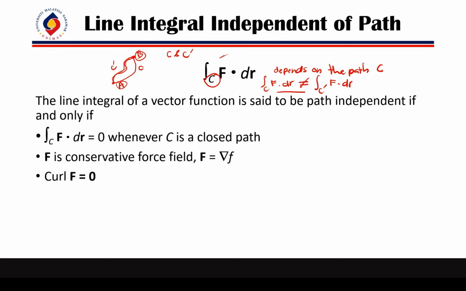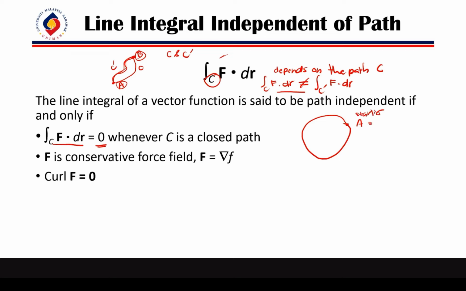Okay, when is the line integral independent of the path? The line integral of a vector function is said to be path independent if and only if the line integral is equal to 0 whenever C is a closed path. That means let's say we have this point here, point A. Let's say this is a closed path, so point A is the starting point.